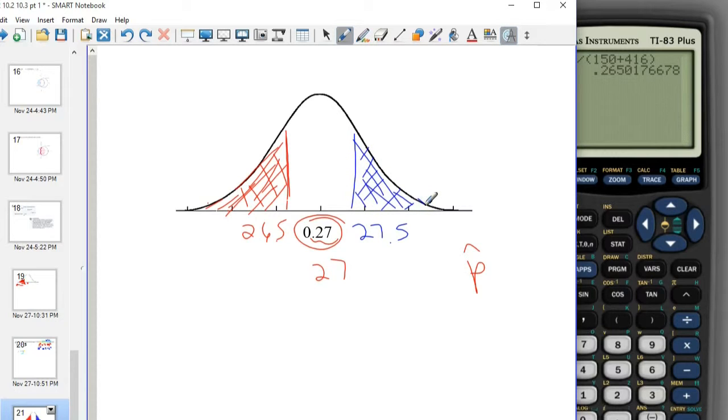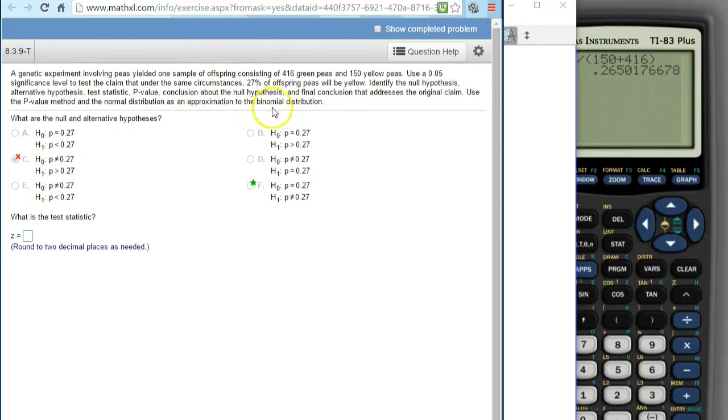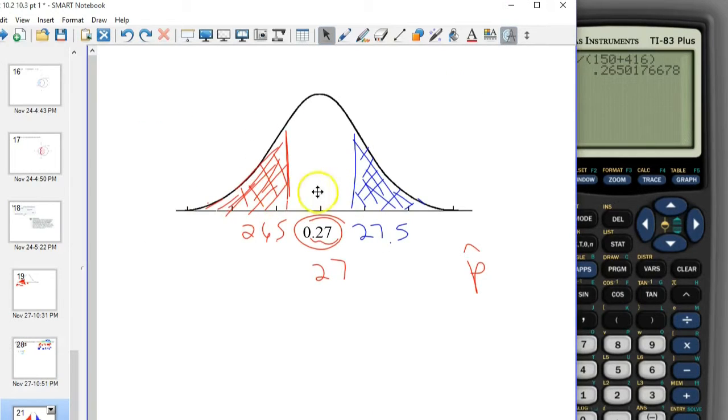If the area is above our value of alpha, which is 0.05, then we don't have enough information to say this is probably not true. But if the area were really low, if we were way out here, barely in any of the tails, then we're far enough away from the claim to say that the claim is probably not true.